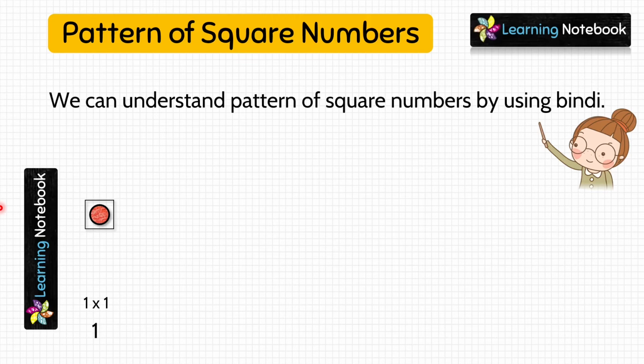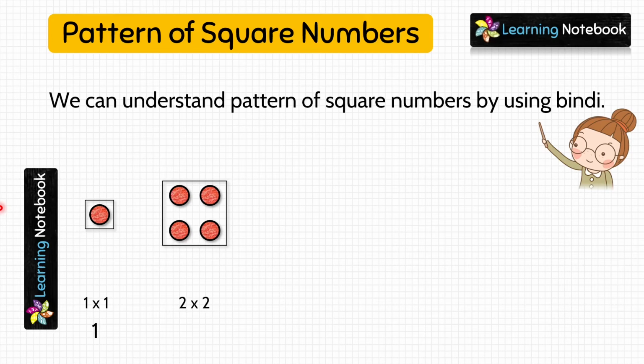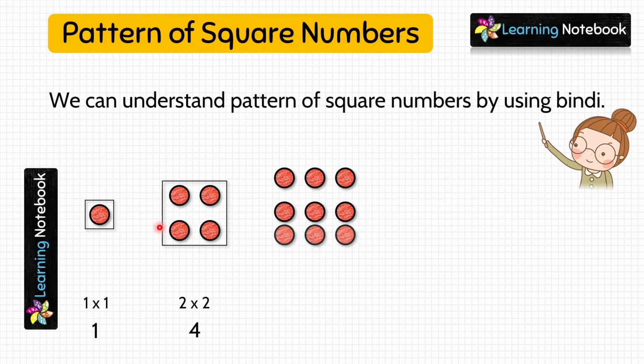Then paste 4 bindis to form a square again. So this resembles 2 into 2 equals 4 bindis. It means 2 sets of 2 bindis. Right? Now next, let's paste 9 bindis to again form a square.